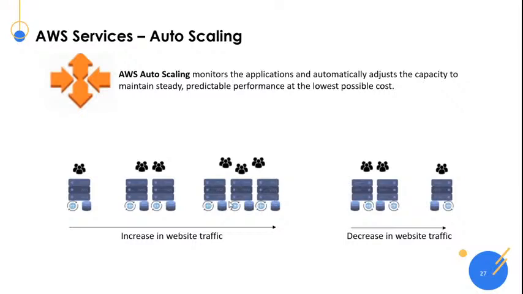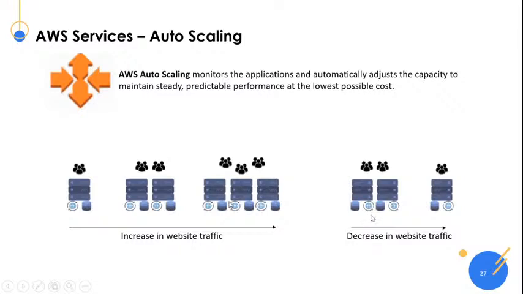And the load balancer will now route the traffic to this new instance as well. Similarly, as you can see in this diagram also, when the collective CPU usage is below 40%, then decrease the size of my servers.